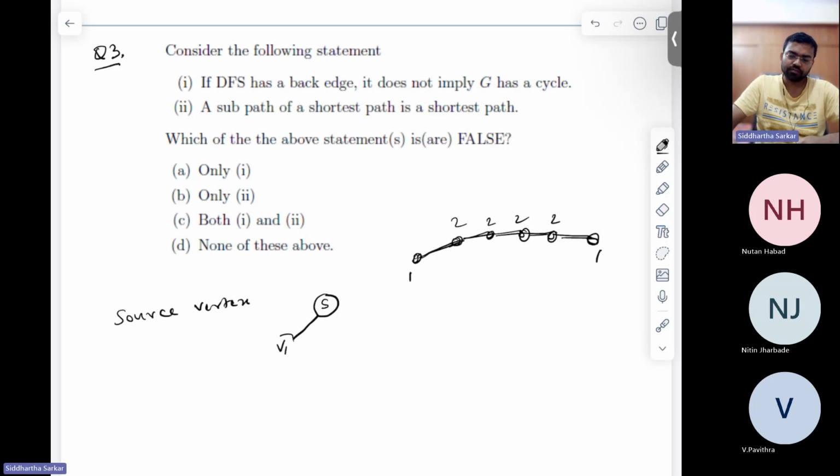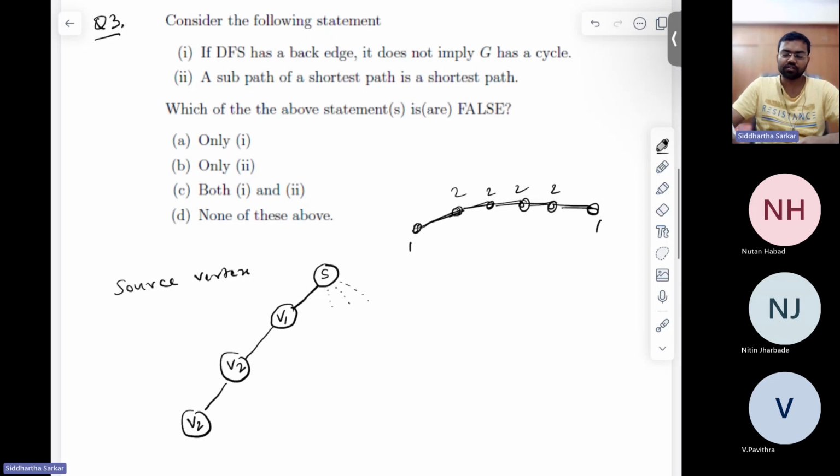Let us say V1, and then there are other neighbors of S, but you don't explore them immediately. We explore one of the neighbors of V1, let us say V2, and so on. If at some point you reach a vertex that doesn't have any neighbors, then you fall back.